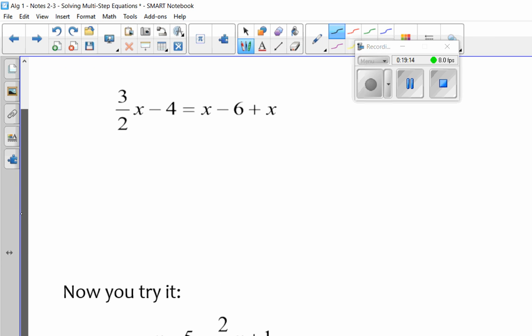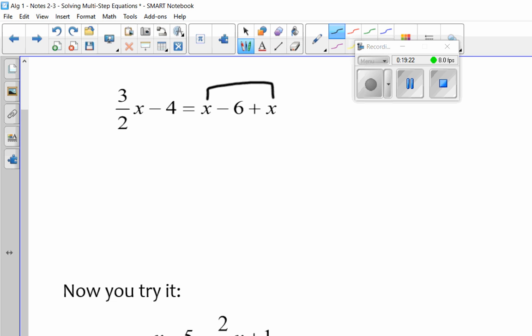We'll finish off here. These are pretty tricky because there are fractions, but we can do these. Okay. First off, we look at, hey, there's x's on both sides over here. So why don't I go ahead and combine like terms first? So x and x is 2x. Okay. Gather the variables to the same side.